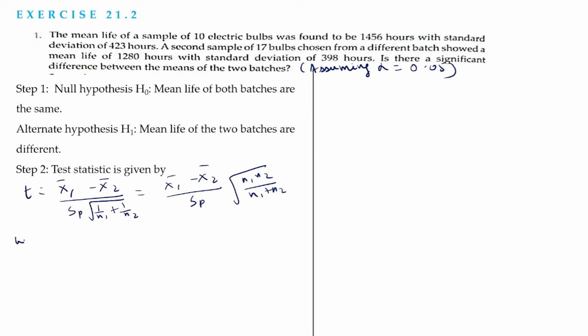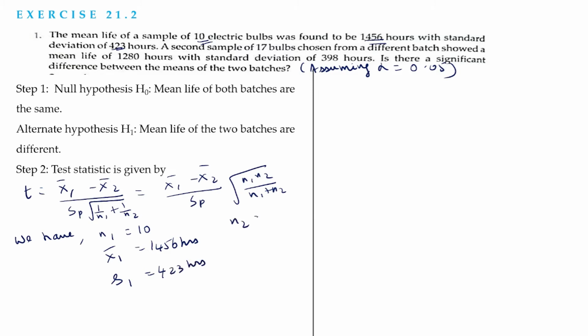So let us write here what is all given. n1 is 10 electric bulbs, x1 bar is 1456 hours, and the sample standard deviation S1 is 423.